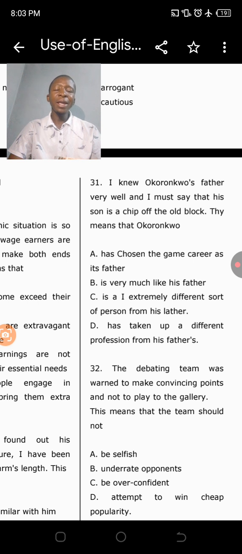Now the answer is what? B. The answer is B. Is very much like his father.